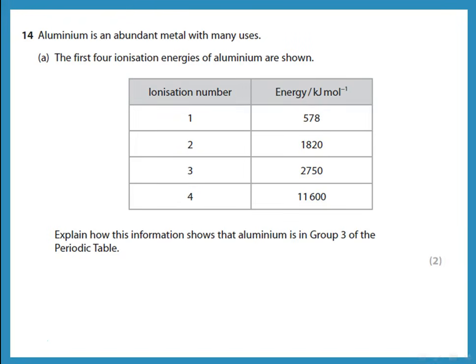So when we do the first ionization energy, we have a certain amount. Second ionization energy, we have a certain amount. Third ionization energy, we have, and then when we go to the fourth, you find that there is a huge rise in the amount of energy needed to remove that fourth electron.